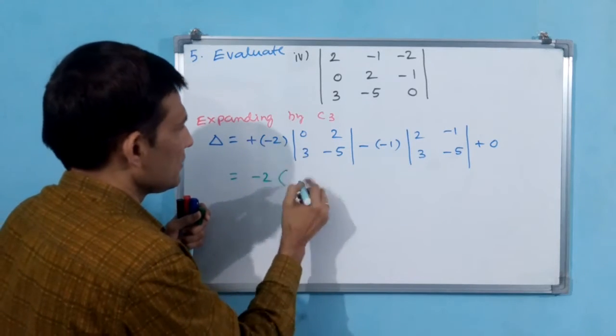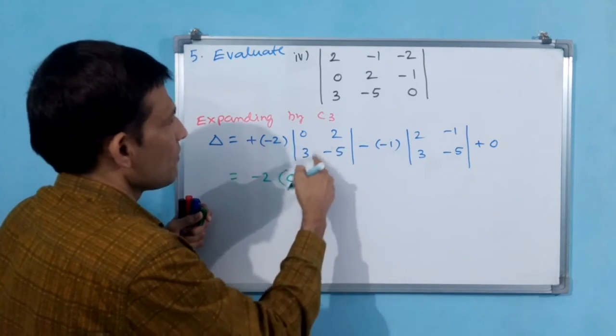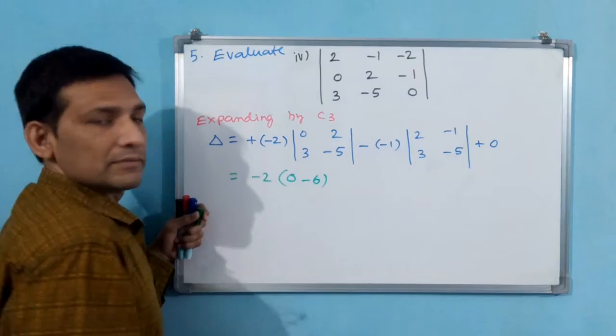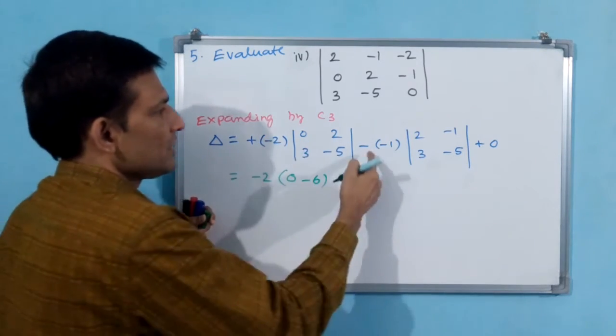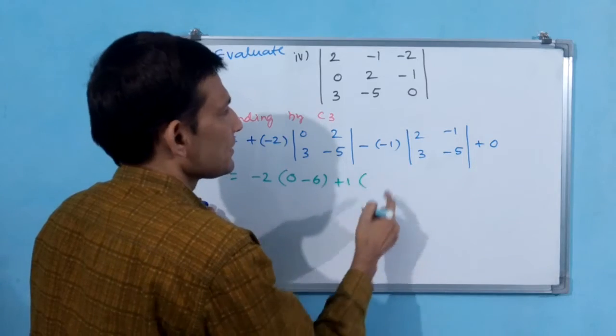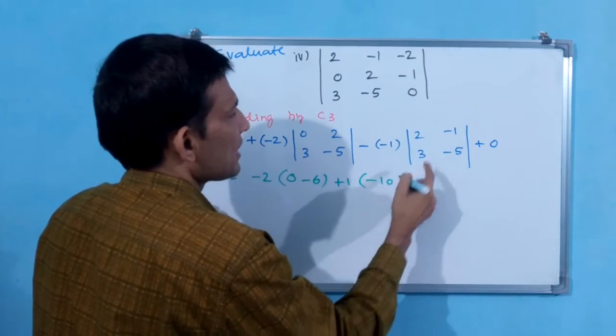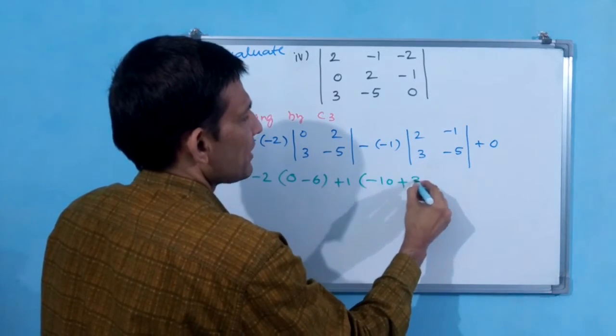You see my 0 minus 6. Okay, 0 into something is 0, minus 6, minus of minus plus 1, minus 10 plus 3.